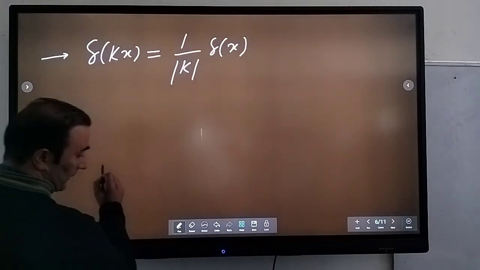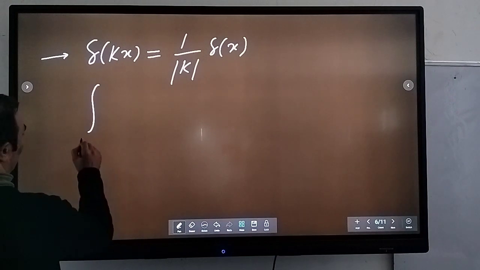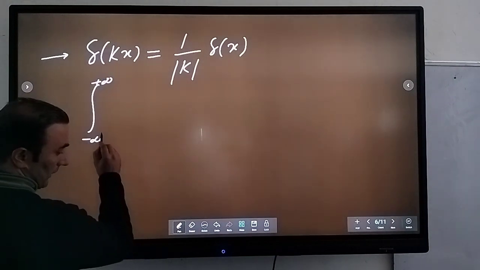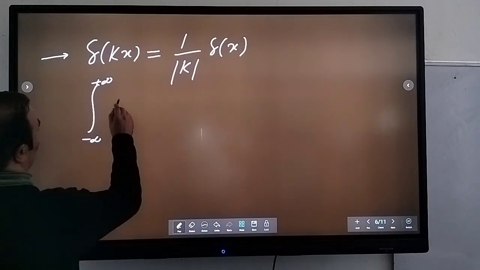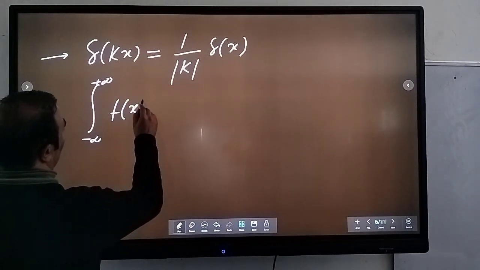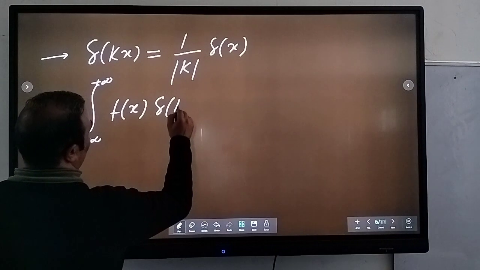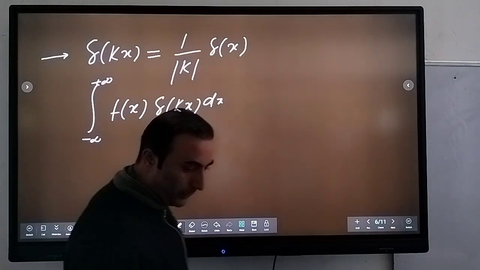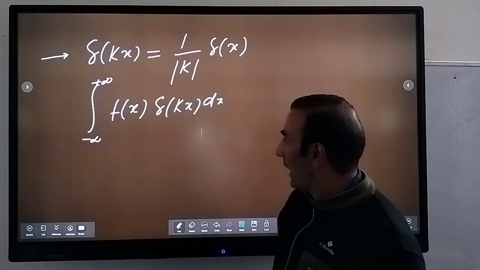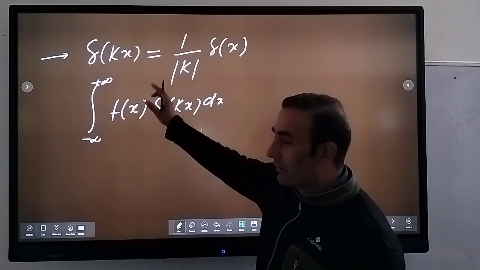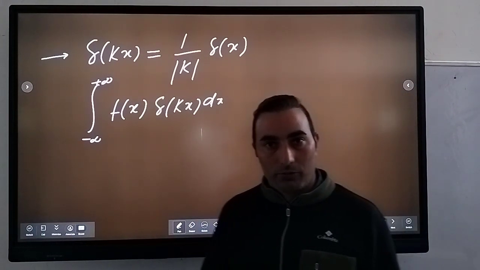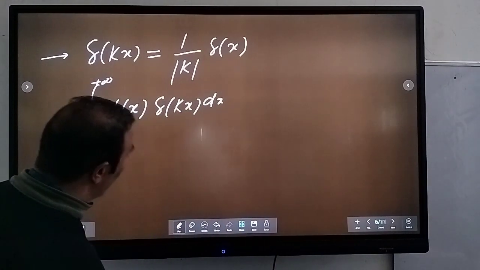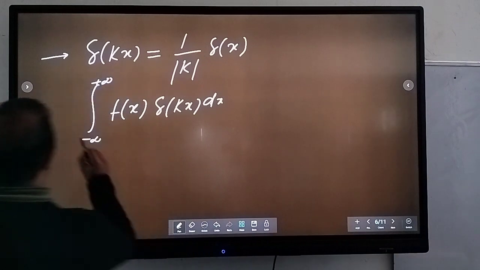We know the integral from minus infinity to plus infinity of f of x delta of x dx. So we consider f of x as some arbitrary function, multiply it with this delta function and calculate its area under that, dx.